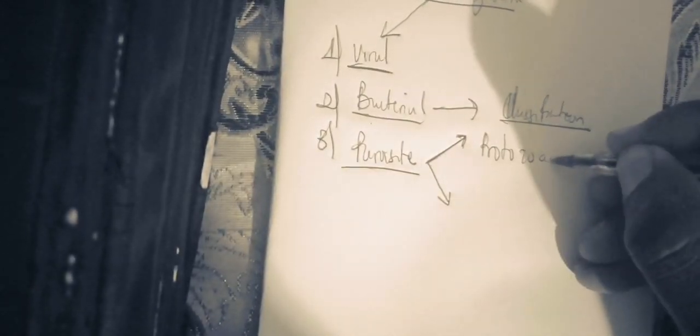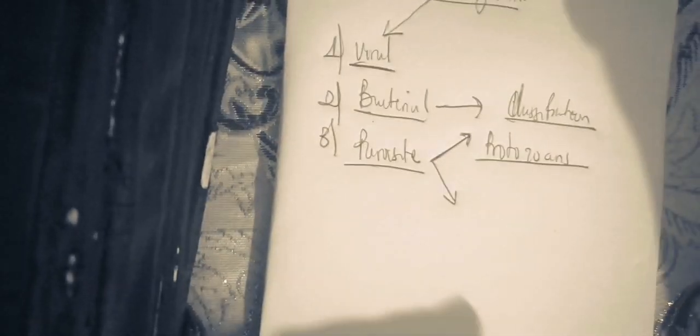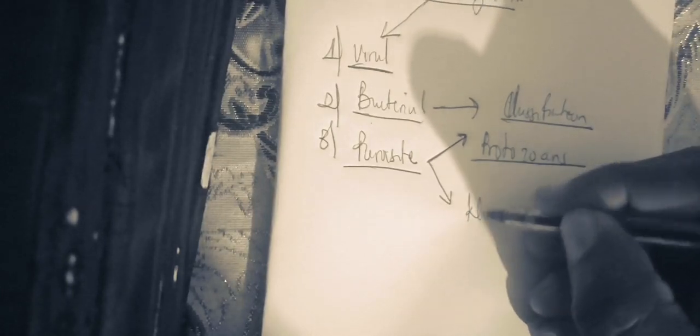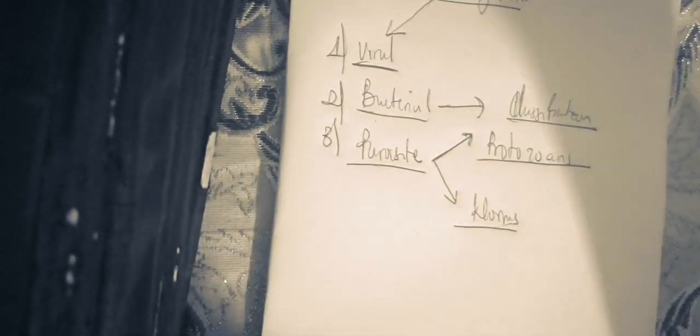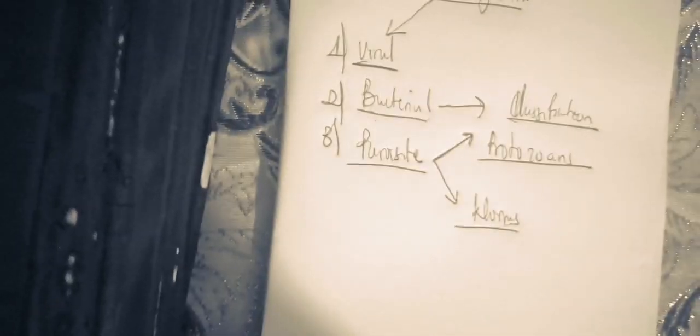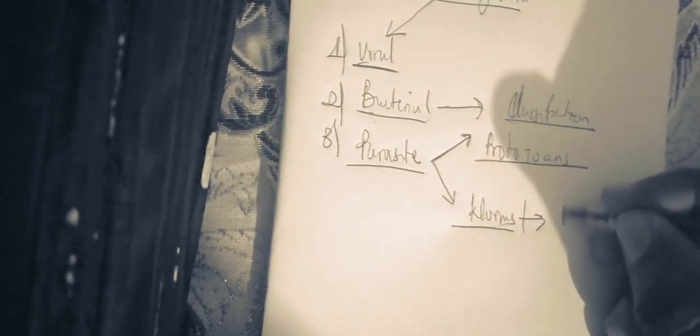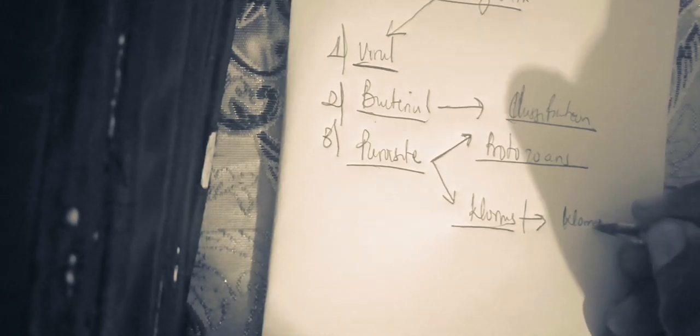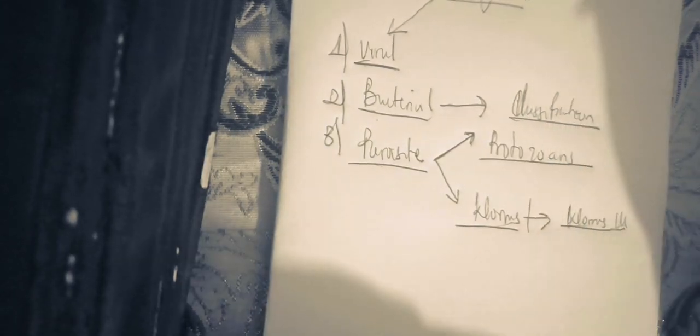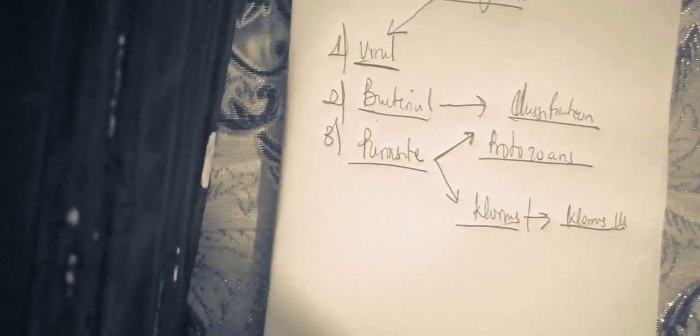The first are the protozoans, which are involved in infection, and then we have other parasites like worms, which are also involved in infections. There is also a classification of worms that you need to know, and this classification is going to be very helpful.